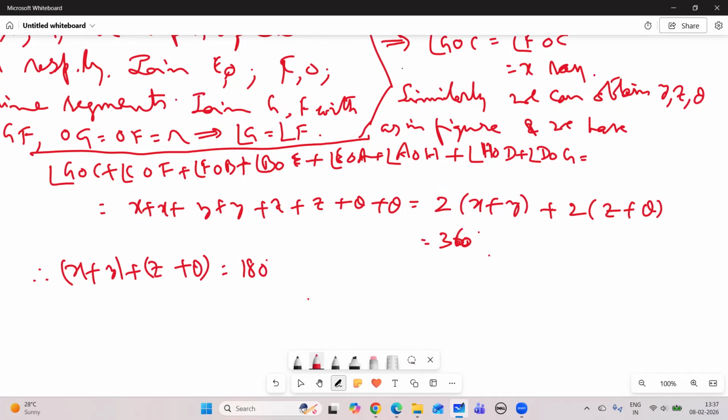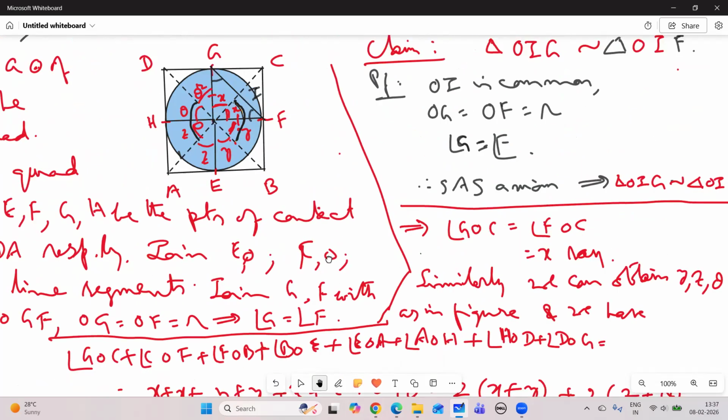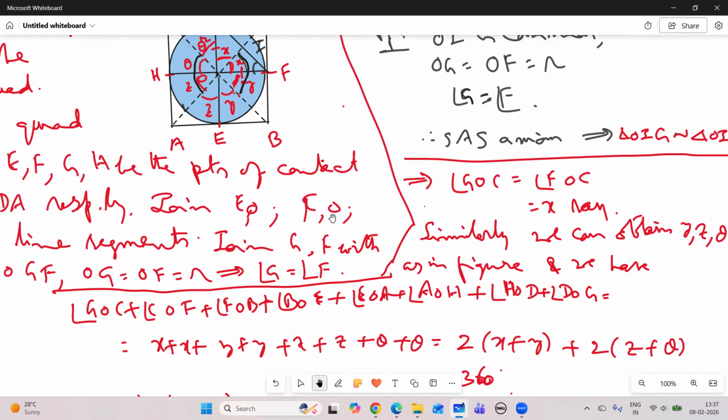Okay. Now, what is x plus y? x plus y is the angle made by side BC at the center. Similarly, what is z plus theta? Z plus theta is the angle made by AD at the center.